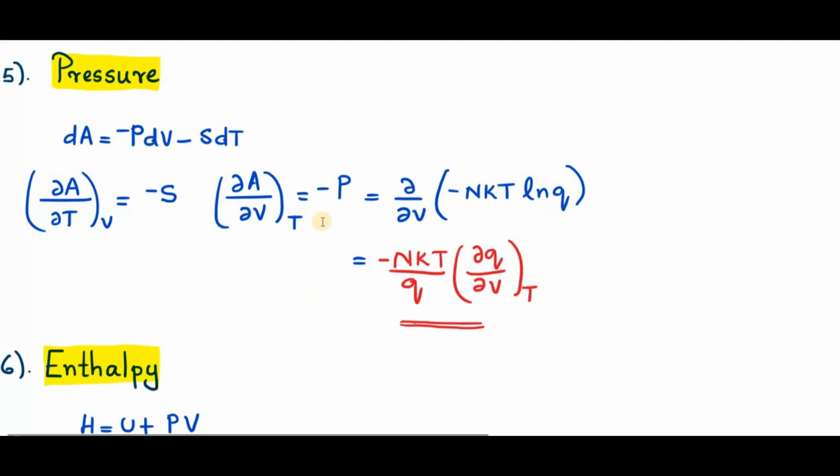Or we can write the expression for pressure as NkT by q, dou q by dou V at constant T.